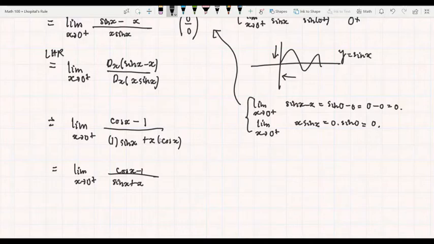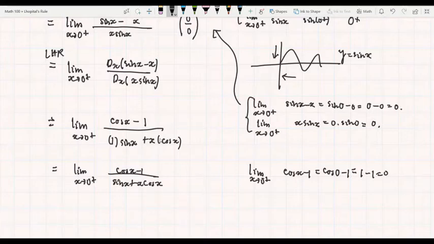So when we check the form, what do we have? So we have the limit as x goes to 0 plus of the numerator. So we have cosine x minus 1. So we get cosine of 0 minus 1. Again, cosine 0 is 1. We have 1 minus 1, or 0.